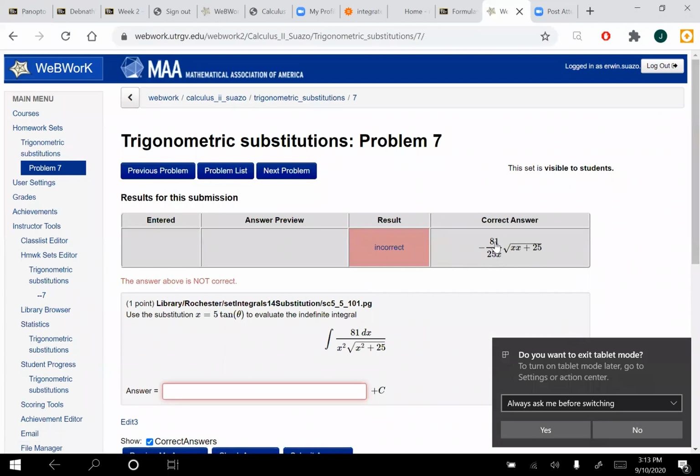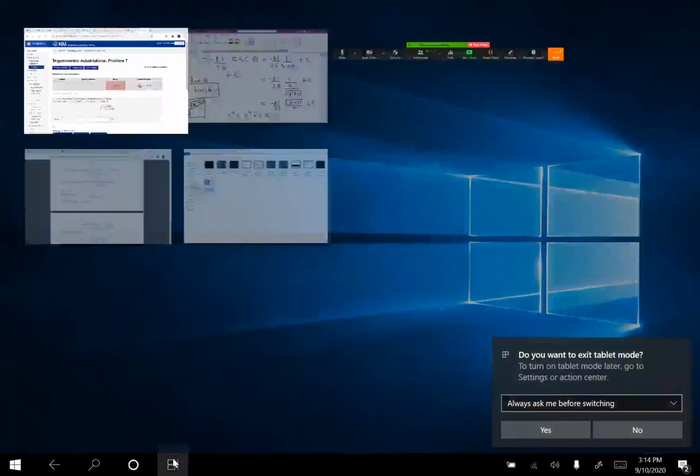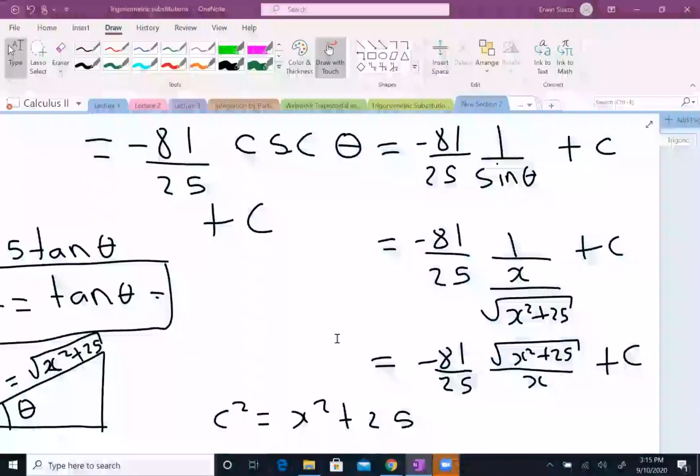It's x times x is x squared, right? So 81 over 25, x times the square root of x squared plus 25, divided by x. And that's what we got over here. So we're going to do more tomorrow, and then you'll get almost 15 points for sure in your exam.